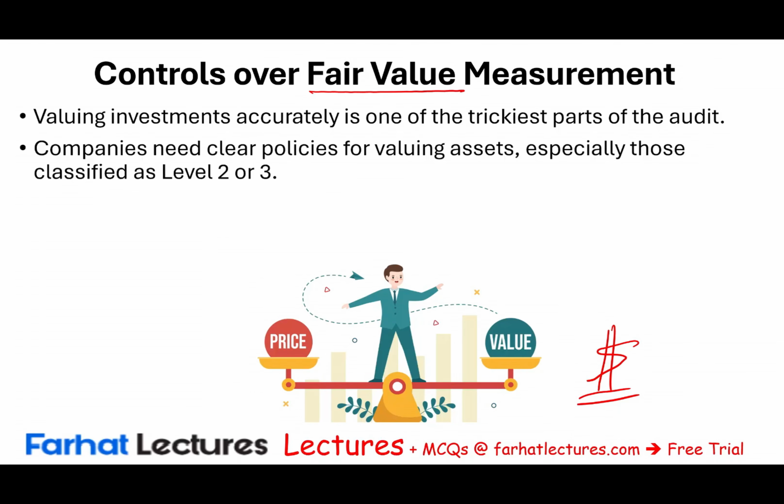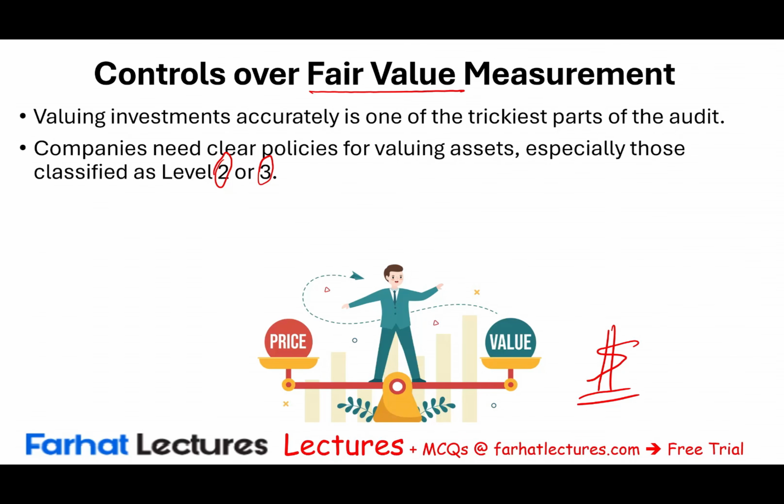So companies must have clear policies when they value assets, especially when those assets are subject to level 2 and level 3. So why not level 1? Well, level 1 is pretty straightforward. In level 1, the fair value is given to you in the sense that it's a quoted market price of available securities, like stock traded on the New York Stock Exchange or Nasdaq.